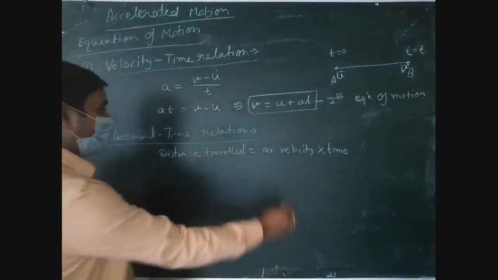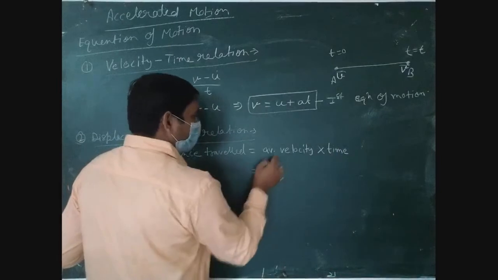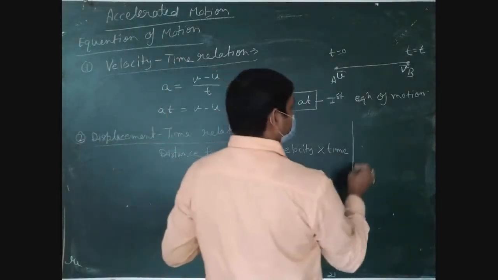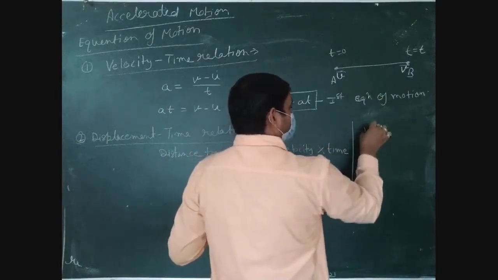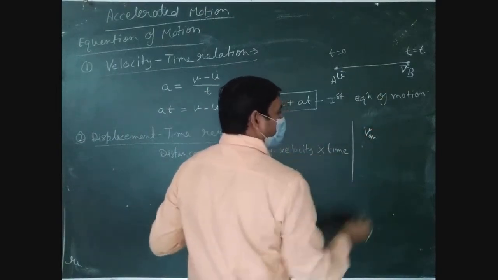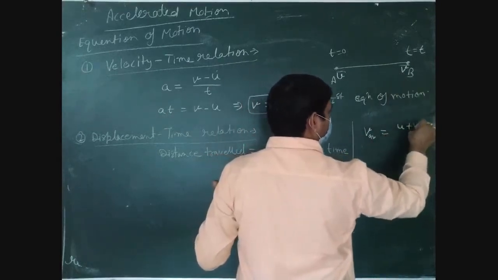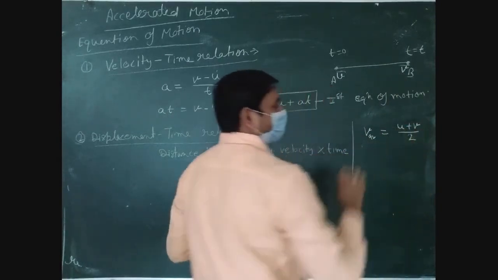Now, the average velocity is equal to initial velocity u plus final velocity v, divided by 2.